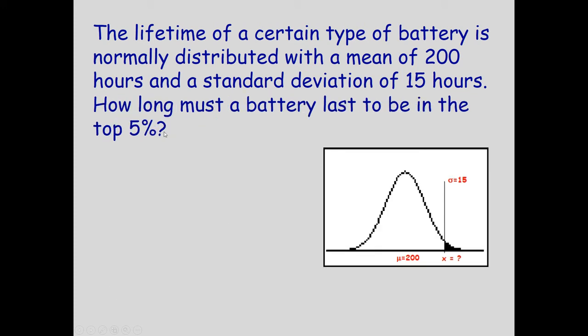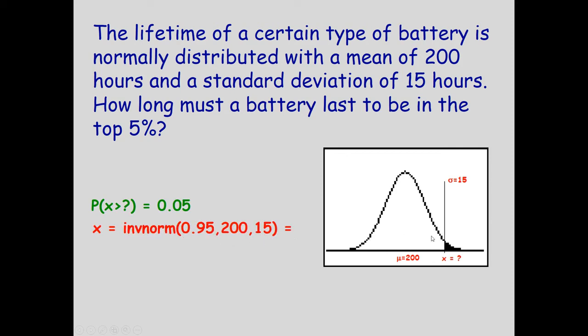This last one, I think, is the last one. How long must the battery last to be in the top 5%? So this is the only one I see you guys possibly messing up if you're not being careful. Make sure you shade and you recognize this is the area to the right, the top 5%. My calculator does not understand top 5%. So instead, I have to talk about the bottom 95%.